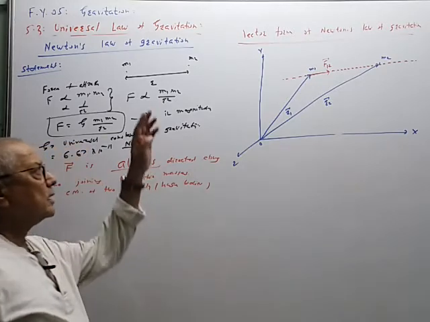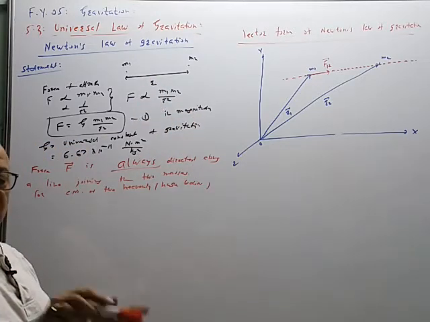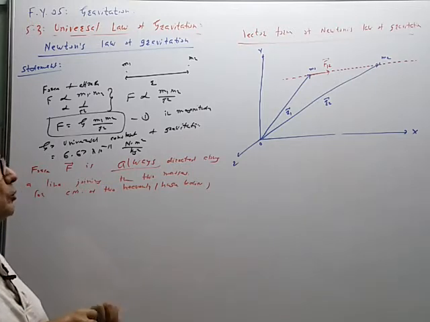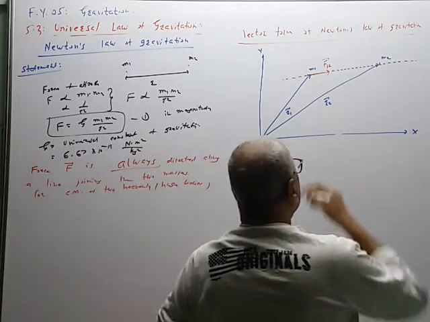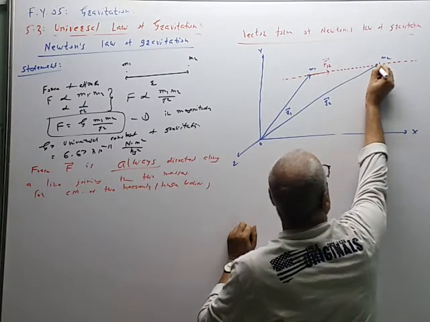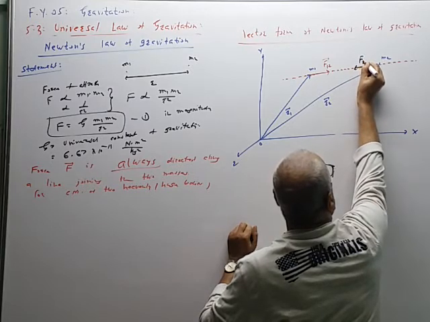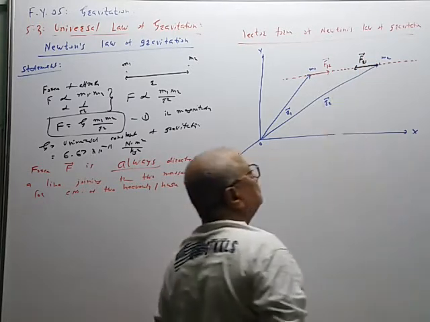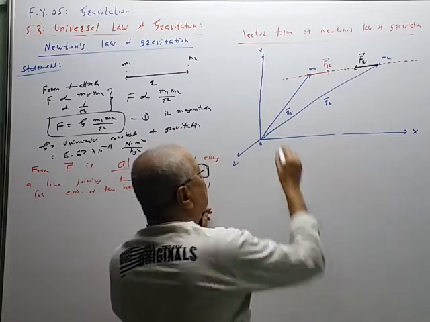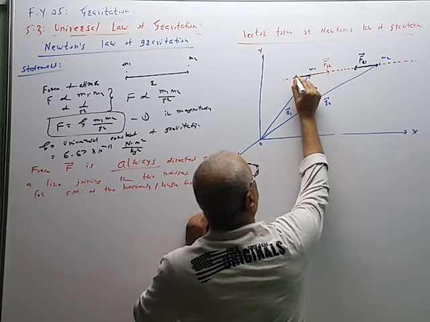The force exerted on m1 by m2, and m1 will also exert the gravitational force of attraction on m2. So m2 is attracted here. So this force is denoted by F21. So this F21 is in the direction. So we can draw a unit vector in the direction.